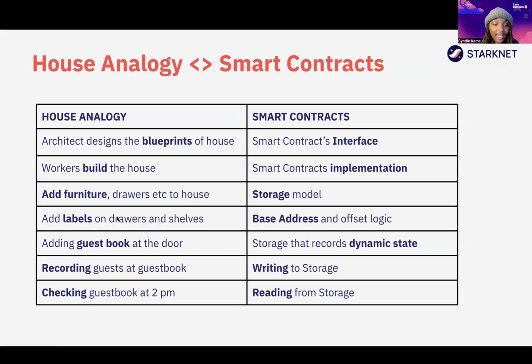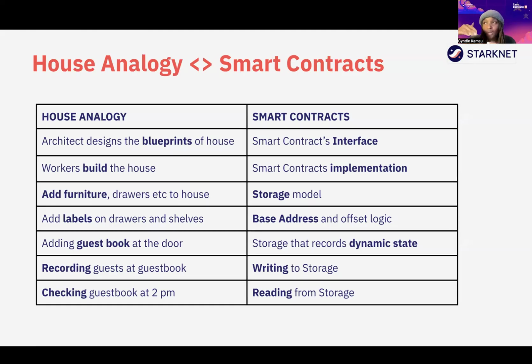Now, remember, we add labels on drawers and shelves. The reason I said the storage model is because I'll show you what I mean by base address and offset logic. Let's say I want to store the value X in my smart contract, and we've deployed it. The way it works behind the scenes is that you don't directly store the value X onto the state.